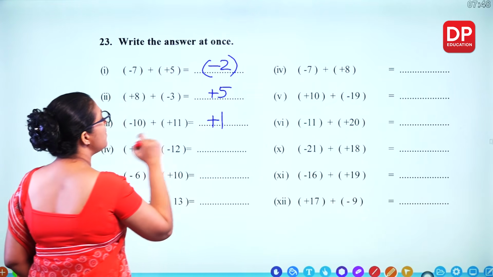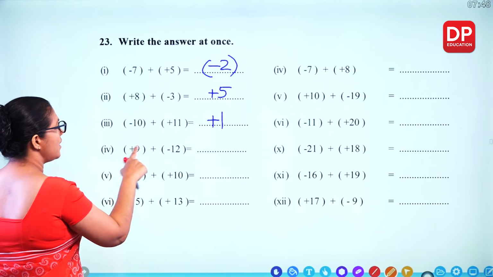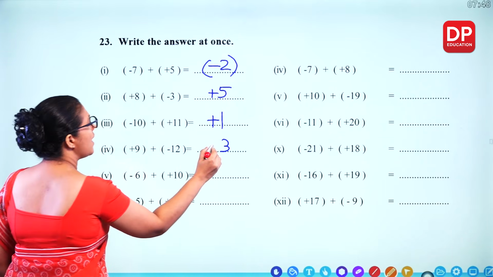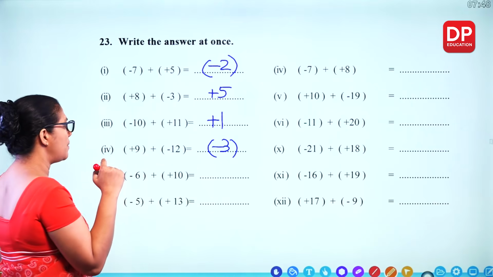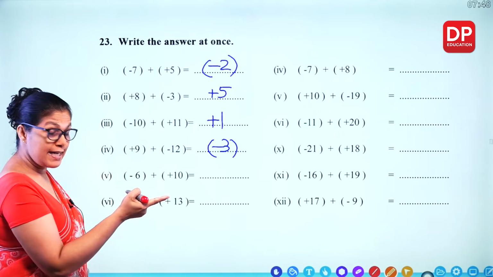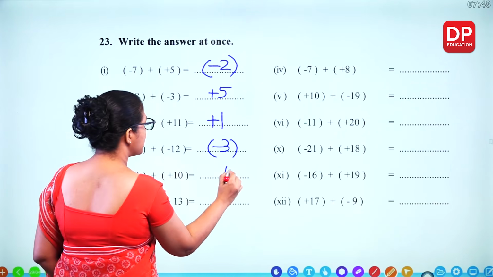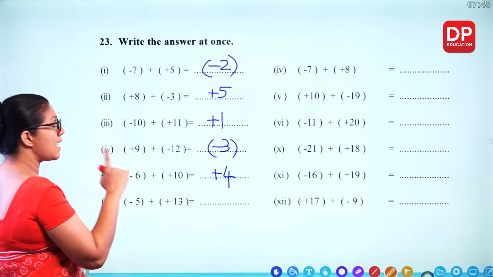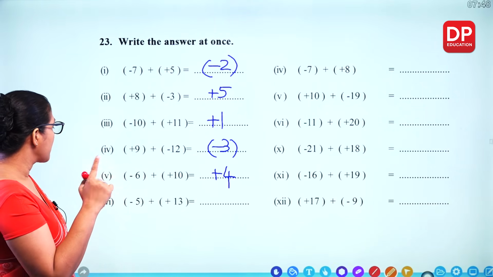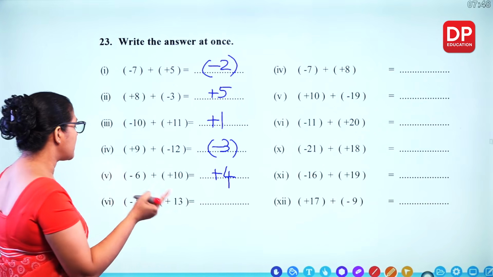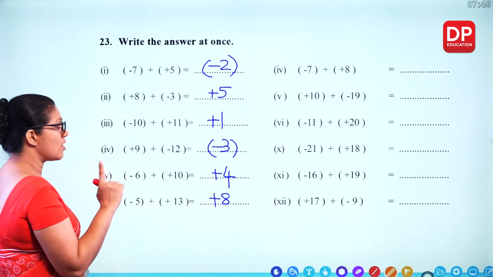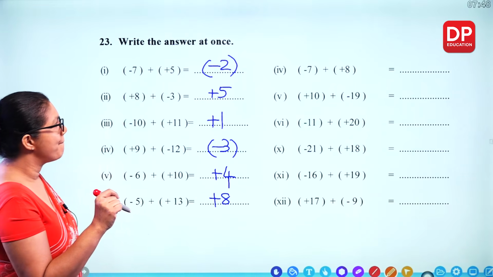Put the sign of the bigger number, that's plus 1. 9 and 12, 3. And minus 3 is there because 12 is bigger. 6 and 10, 4 is the difference. Plus 4 you are getting because 10 is the bigger number. Minus 5 and 13, what's the difference? 8. And plus 8 because 13 is bigger.